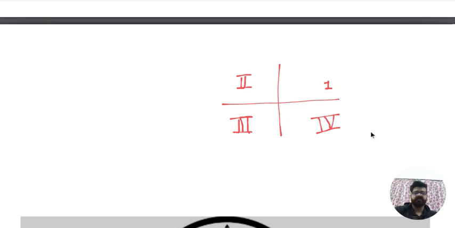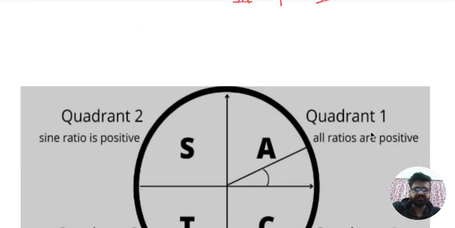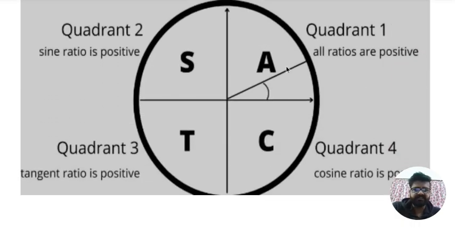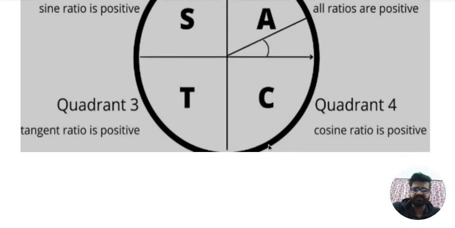You must know what the values of these ratios are in different quadrants.